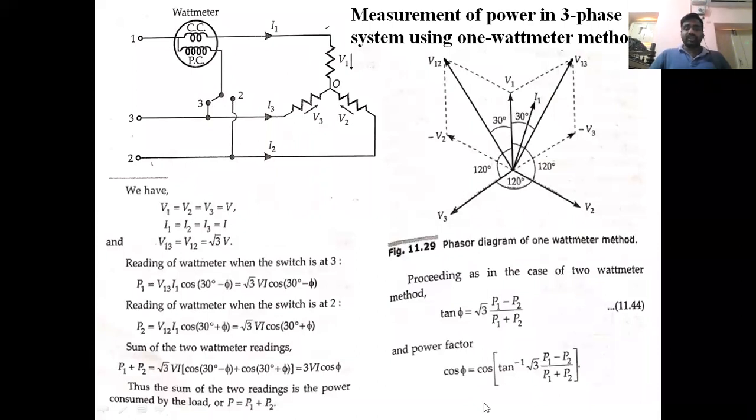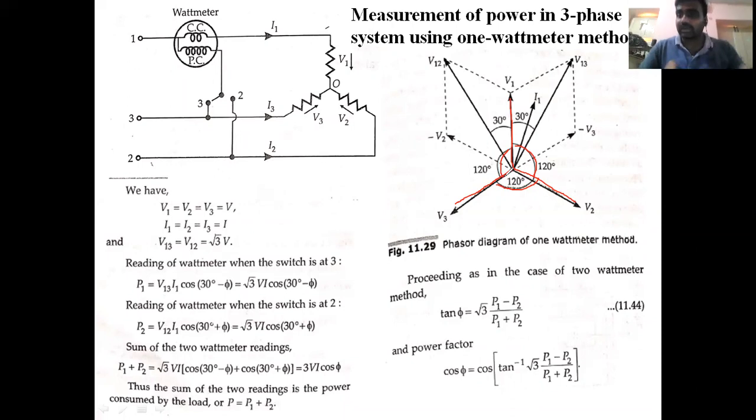See here, if we analyze the phasor diagram, this is the value of V1, V2, and V3. The phase angle between V1 and V2 is 120 degrees, between V2 and V3 is 120 degrees, and between V1 and V3 is 120 degrees.